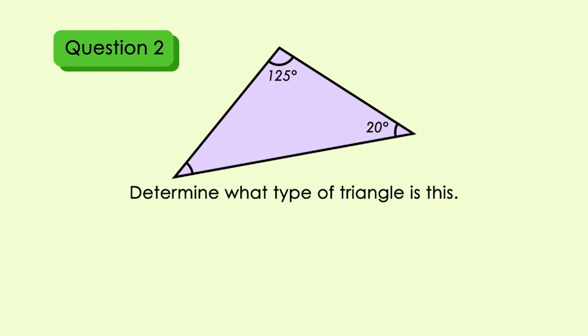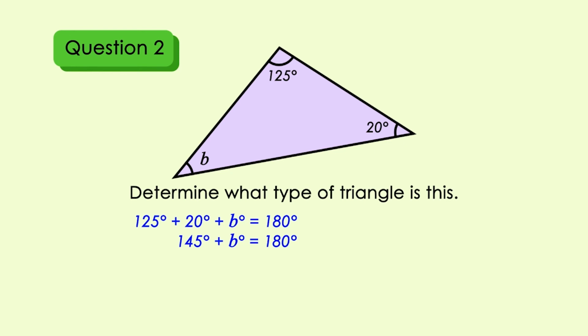How about this triangle? What should we do first? Of course, we need to find the unlabeled angle to determine what kind of triangle this is. I am labeling the angle as B. As you can see, I added B to 125 degrees and 20 degrees. This equals to 180 degrees.